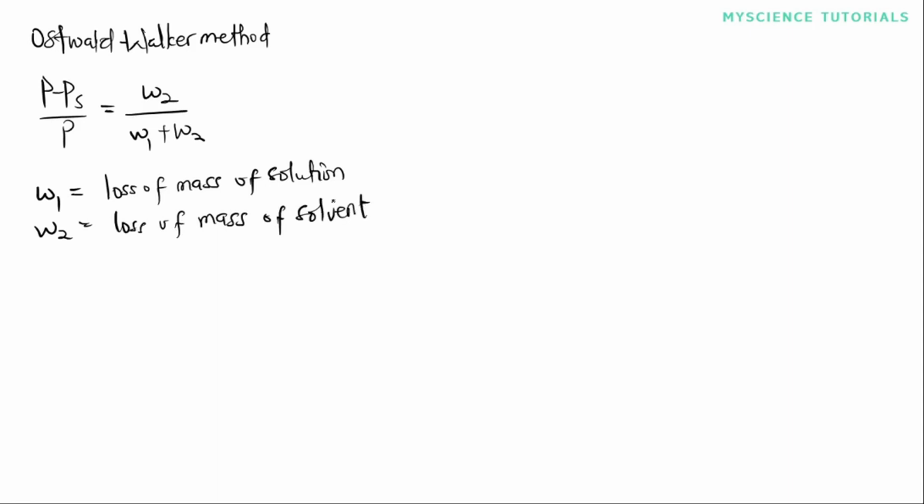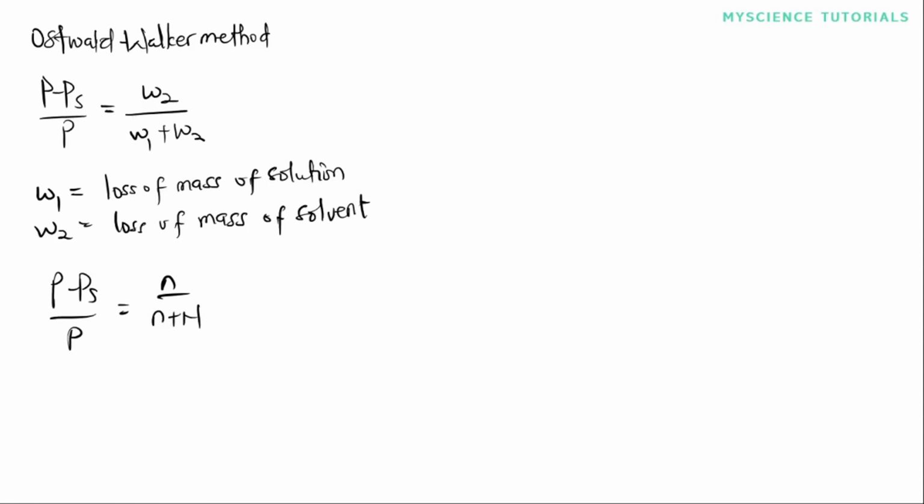Okay, so normally we use the Ostwald-Walker method to find what? The relative lowering of vapor pressure, and then after we find that, we can now equate this to what we know as this to now find the molar mass of the solute.